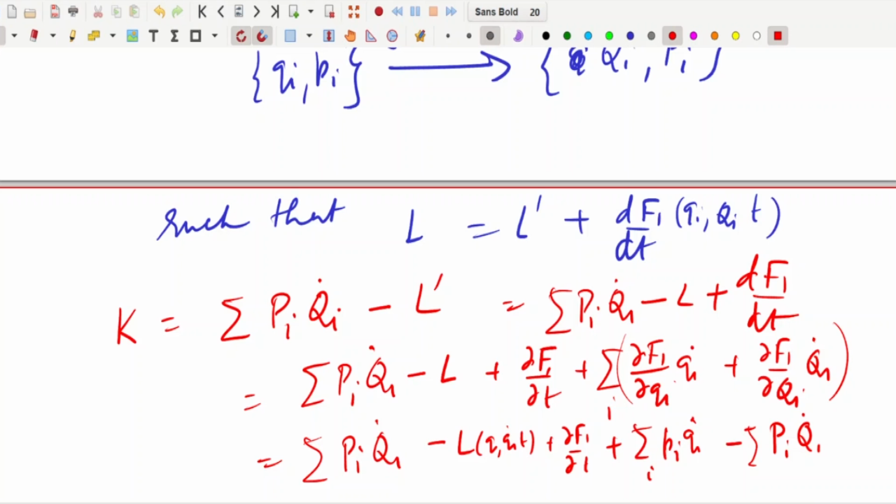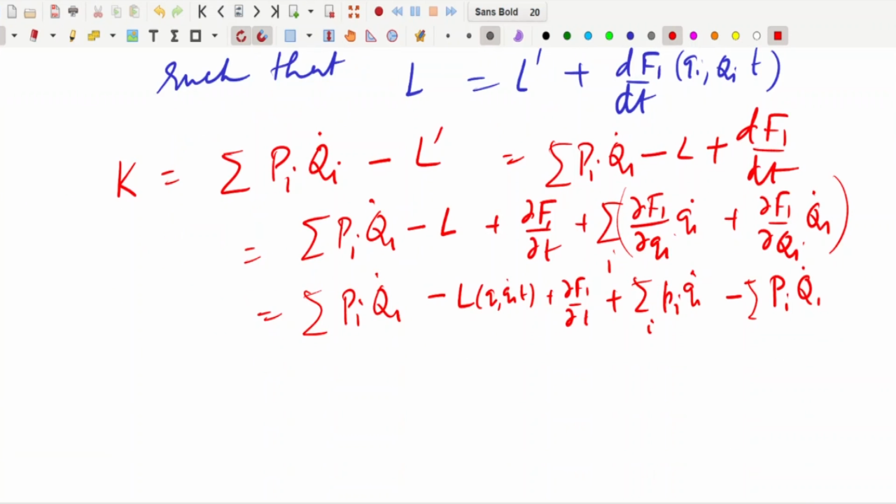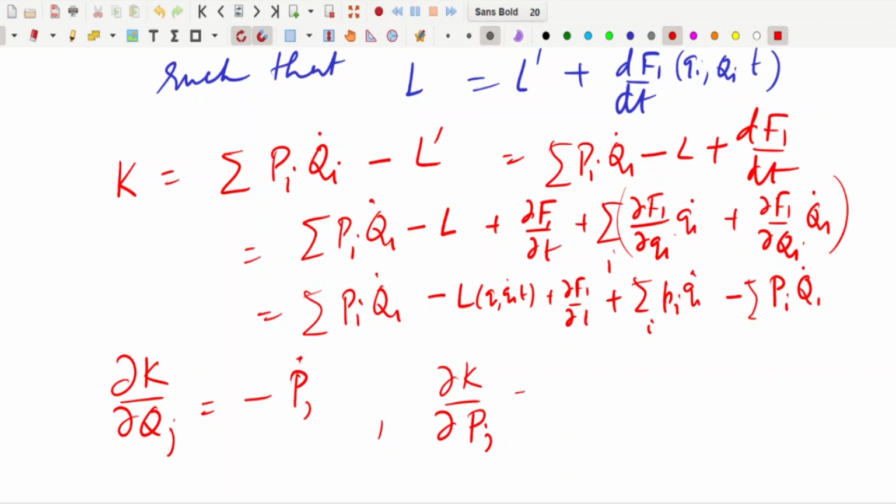So, you can immediately see that if you take ∂K/∂q_j, you will find minus p_j dot. Similarly, if you take ∂K/∂p_j, you will get q_j dot. From this it is clear that the canonical equations are also preserved.